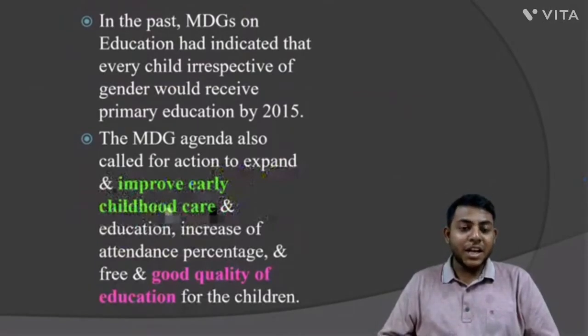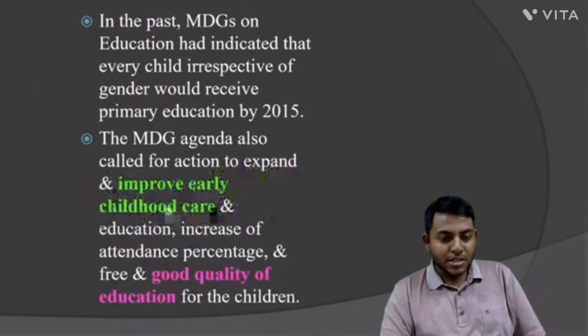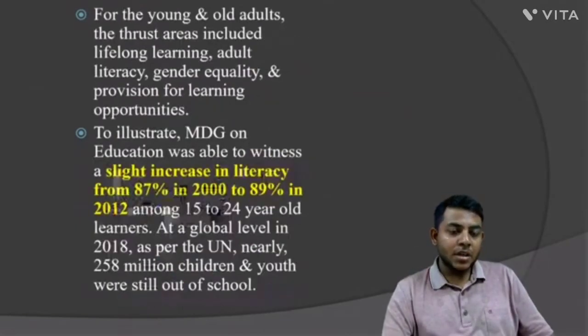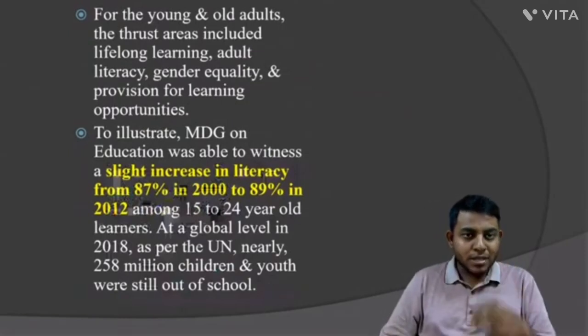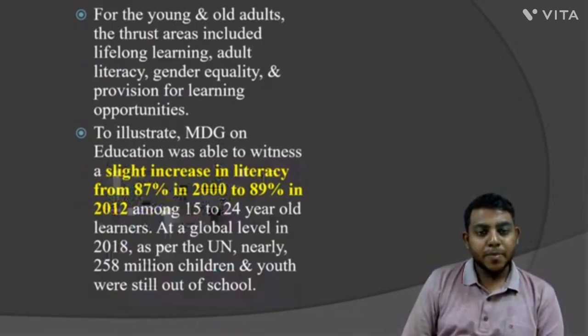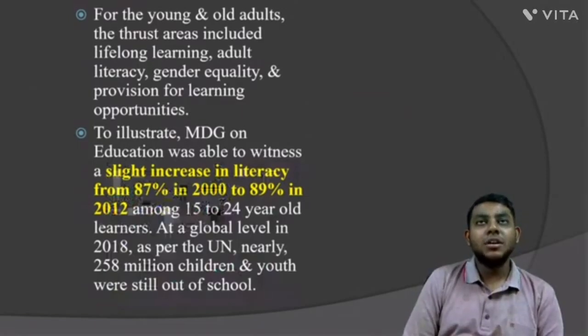The Millennium Development Goal agenda also called for action to expand and improve early childhood care and education, and also increase attendance and provide free and good quality education for children. For young and older adults, the thrust areas included lifelong learning, adult literacy, gender equality, and provision for learning opportunities. Herein, Sustainable Development Goal 5 also comes into being, which says: ensure gender justice and empower all women and girls.